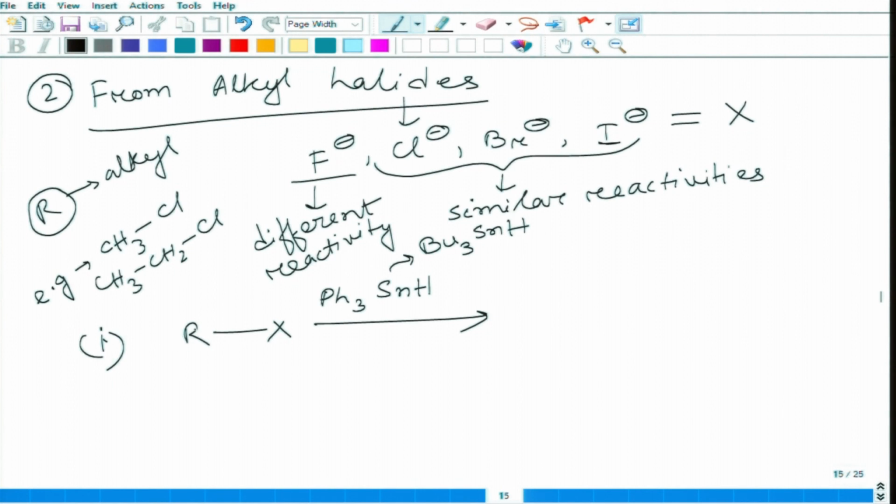It reduces alkyl halide to alkane, and it can reduce primary, secondary and tertiary alkyl halides, all of them. What are primary, secondary and tertiary alkyl halides? We had studied about primary, secondary, tertiary carbon atoms. So, it is similar. A halide attached to the primary carbon is a primary halide and so on.